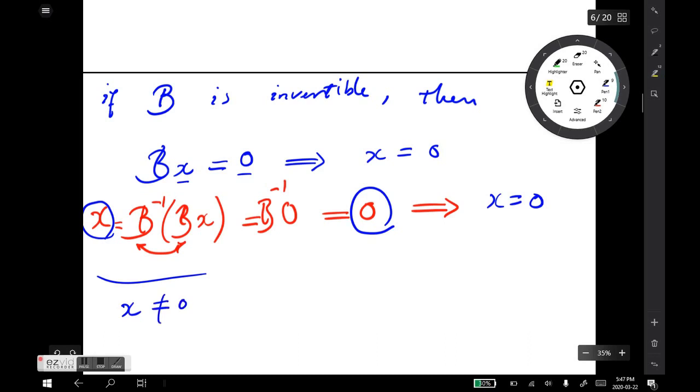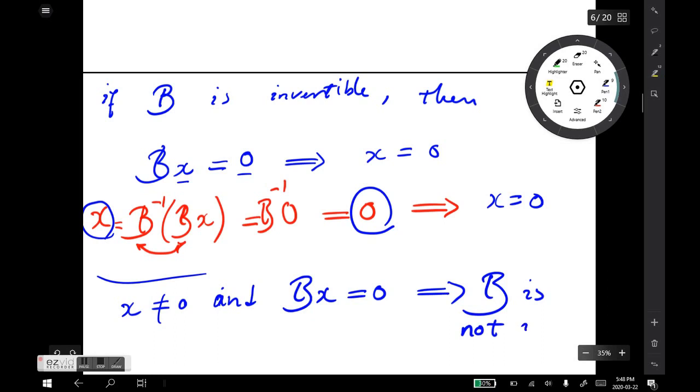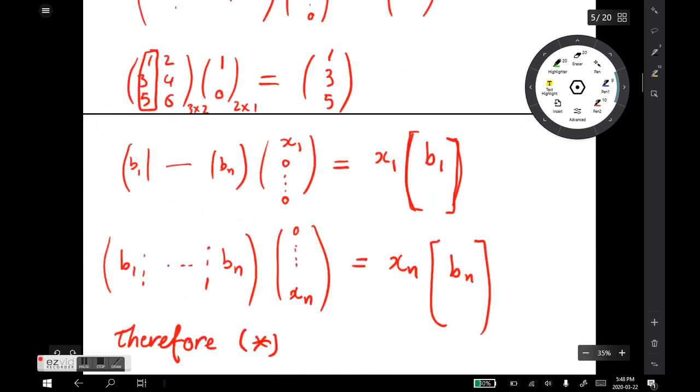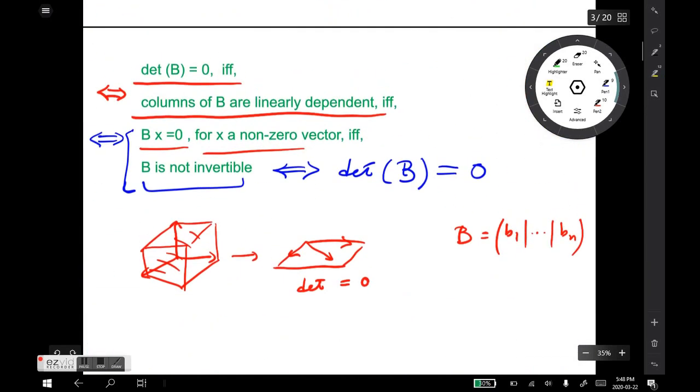So this means that if x is non-zero in the kernel and Bx equals 0, then B is not invertible. That's what we have proved. What else have we left to prove?